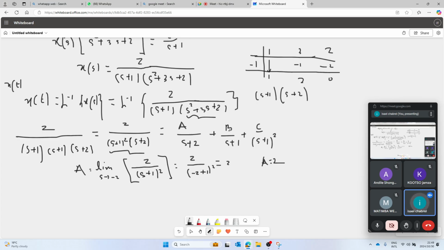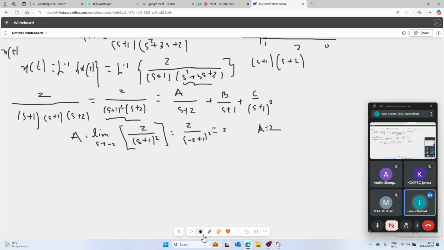Yes, Mr. Koso, this is how you solve for A, because s plus 2 cancels this. But I've not really remembered it. It is something like this, if I remember well. Maybe by writing I will remember.